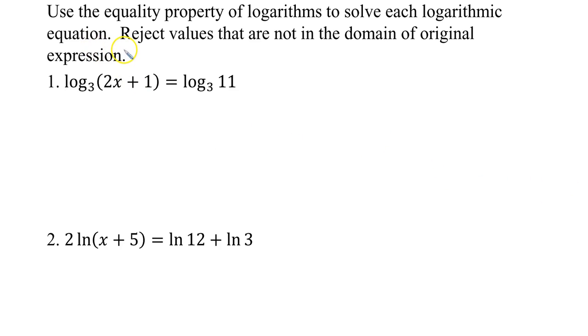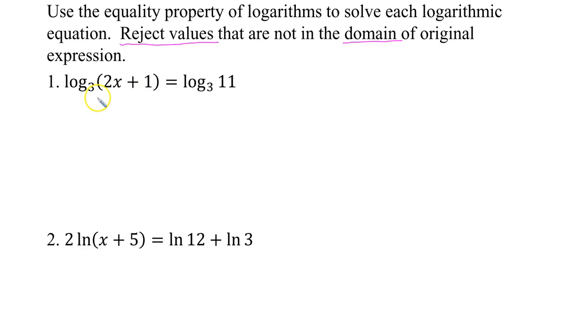Notice that in the directions, not only does it tell us to use the equality property, but it also tells us to reject the values that are not in the domain of the original expression or expressions. As we look at this very first equation, we notice that there is a 2x plus 1 in this logarithmic expression.